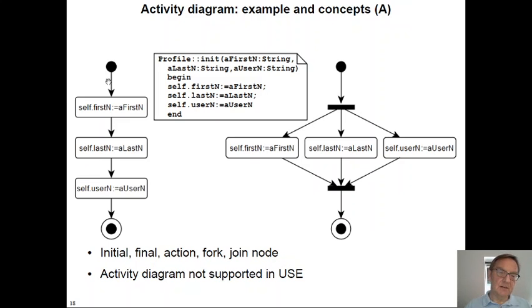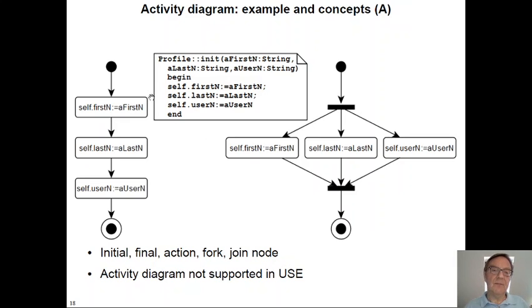This is the representation of what happens in the operation init in the form of an activity diagram. It is not supported, the activity diagram is not supported in USE. We have an alternative here for describing what is going on in an operation.